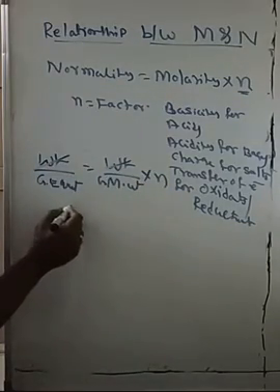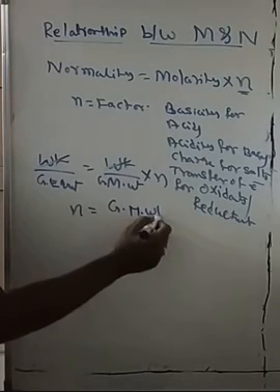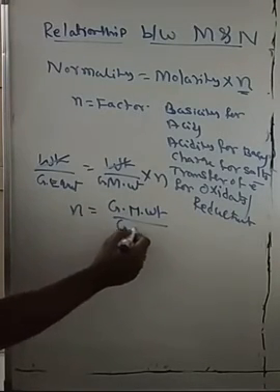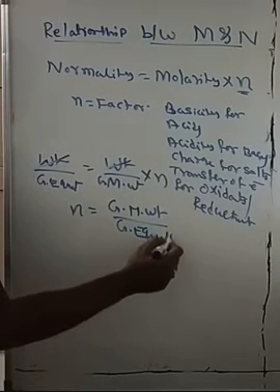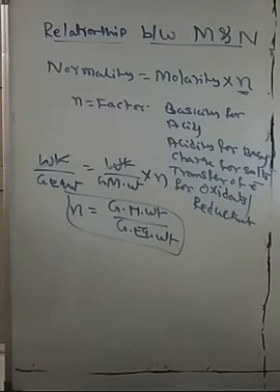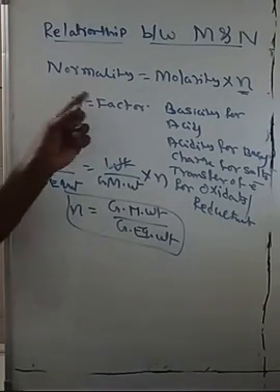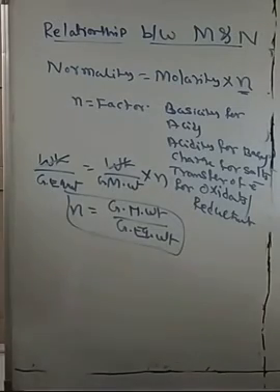Then your N factor also becomes equal to gram molecular weight by gram equivalent weight. So this is the relation between molarity and normality. If you know the molarity, it can be converted into normality by multiplying with the N factor.